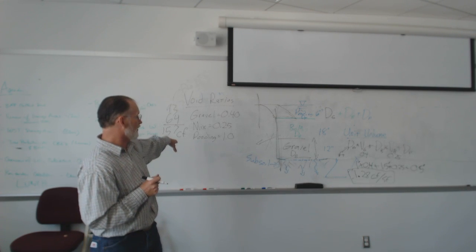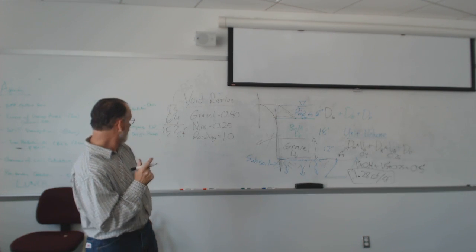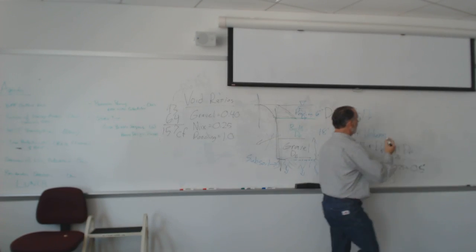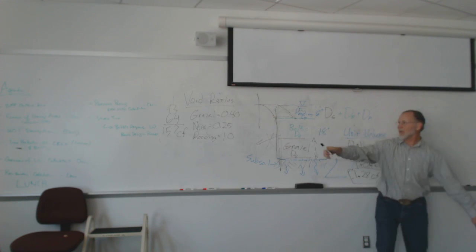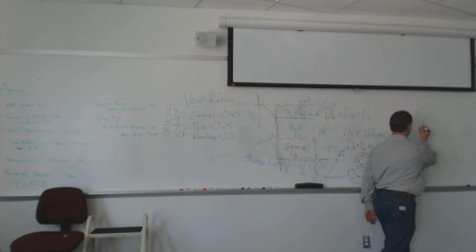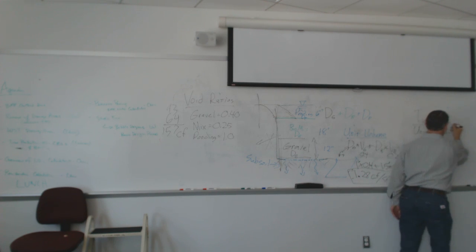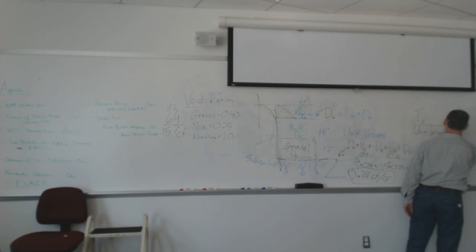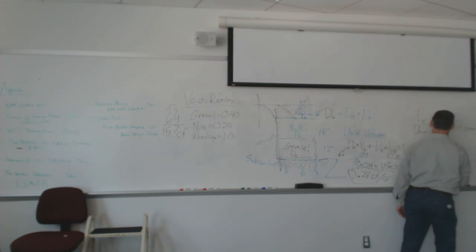So how are we going to do that calculation? 157 divided by 1.28. That number is our treatment volume, right? So it's our treatment volume divided by our unit volume, which will give you your rain garden area.